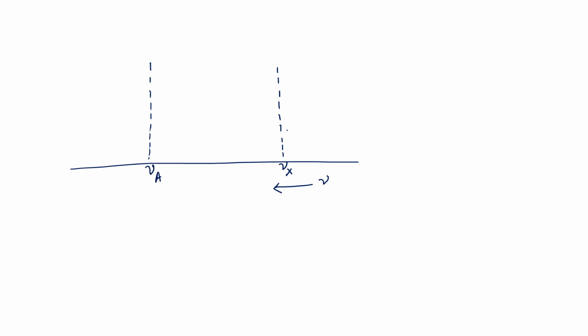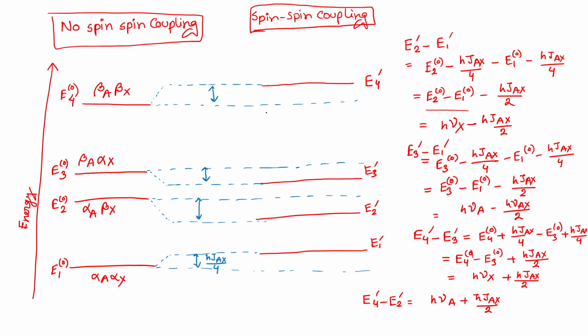But right now, around nu X you are going to get two spectra related to the flipping of spin of the nuclei A. One coming at nu minus JAX by 2 and another at nu plus JAX by 2.